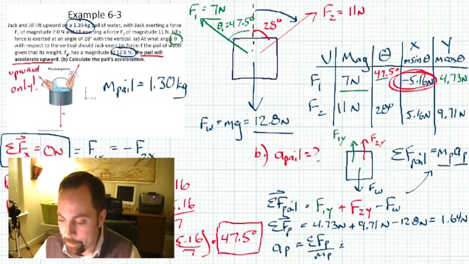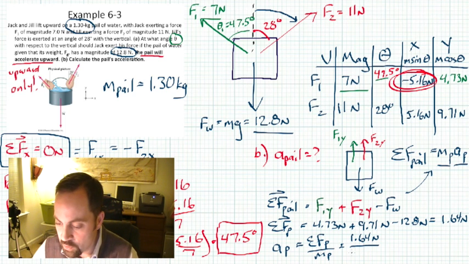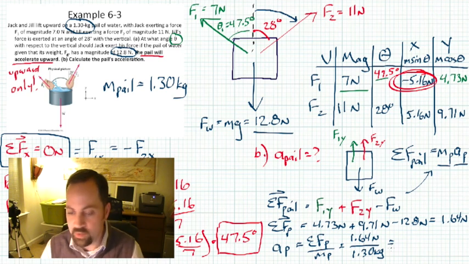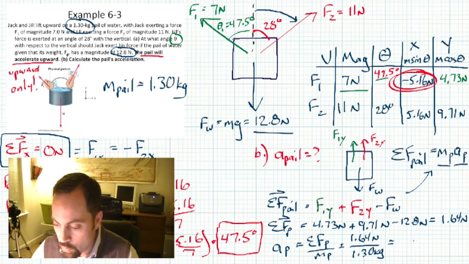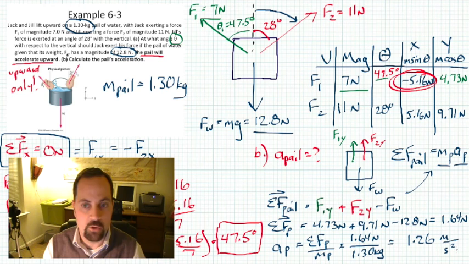The net force is 1.64 newtons, and the mass of the pail is 1.30 kilograms. Newtons divided by kilograms gives us an acceleration of 1.26 meters per second squared. That's our acceleration of the pail.